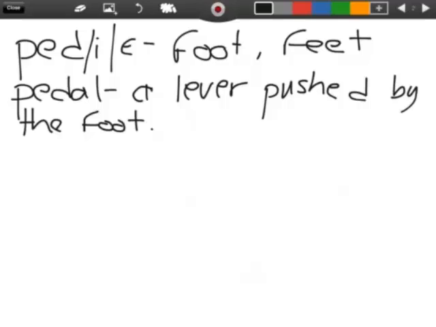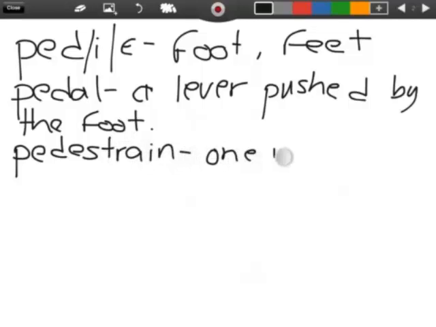And my second example is going to be pedestrian. One who walks.